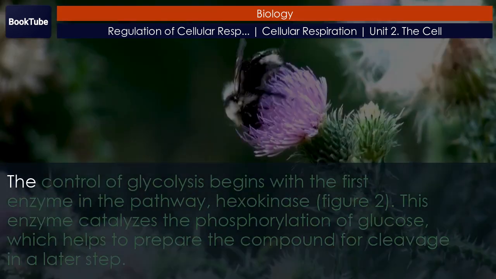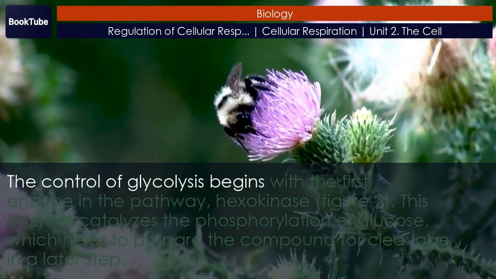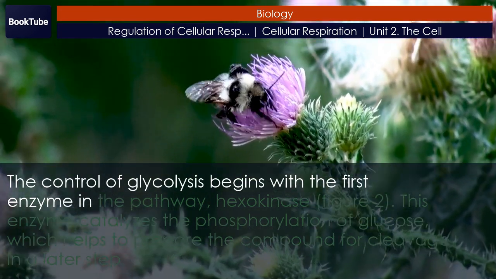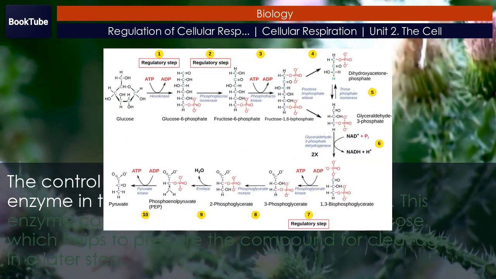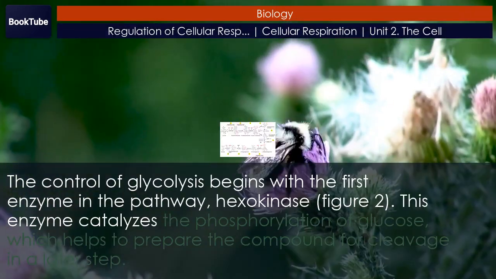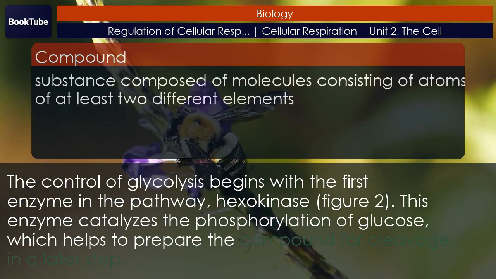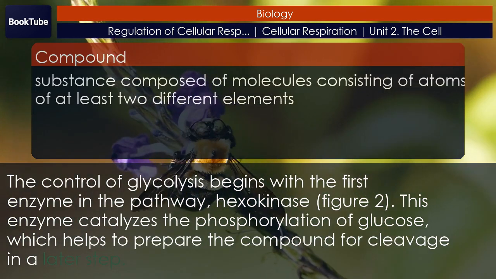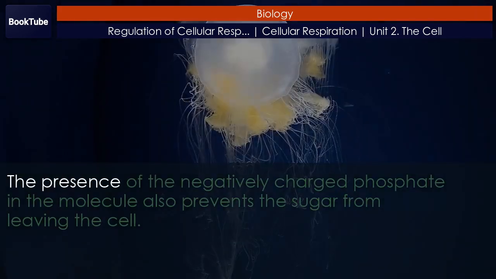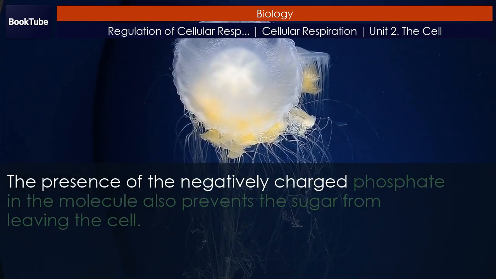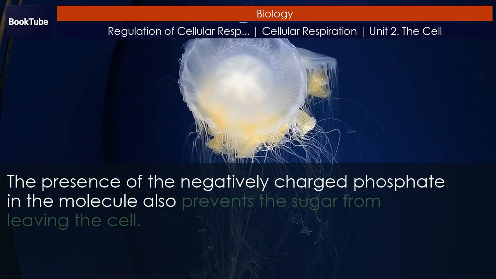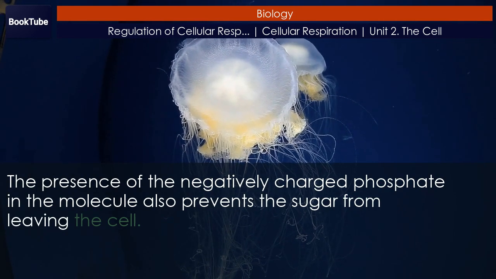Glycolysis. The control of glycolysis begins with the first enzyme in the pathway, hexokinase. Figure 2. This enzyme catalyzes the phosphorylation of glucose, which helps to prepare the compound for cleavage in a later step. The presence of the negatively charged phosphate in the molecule also prevents the sugar from leaving the cell.